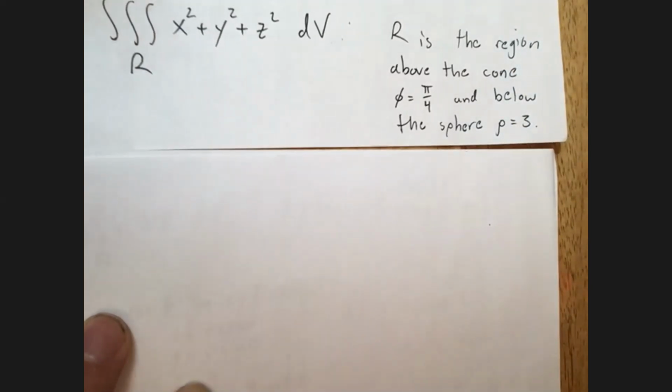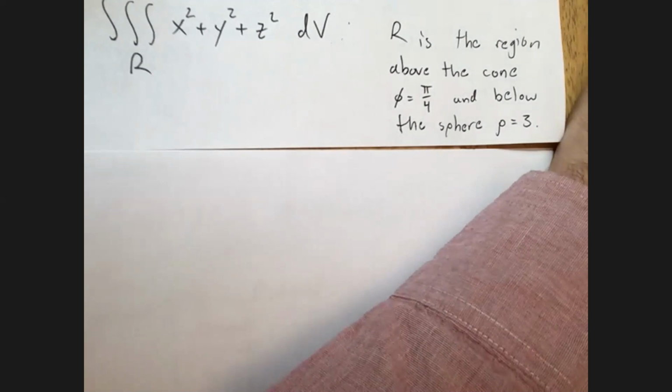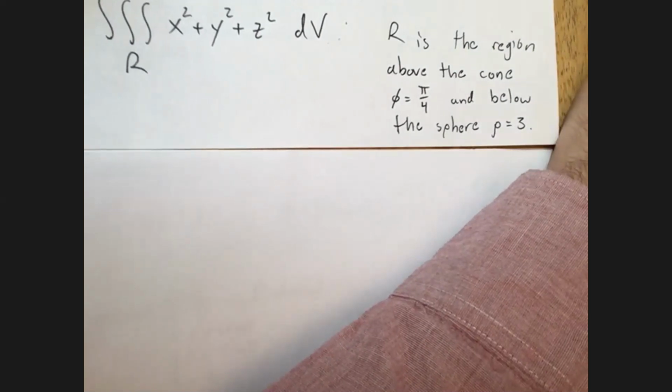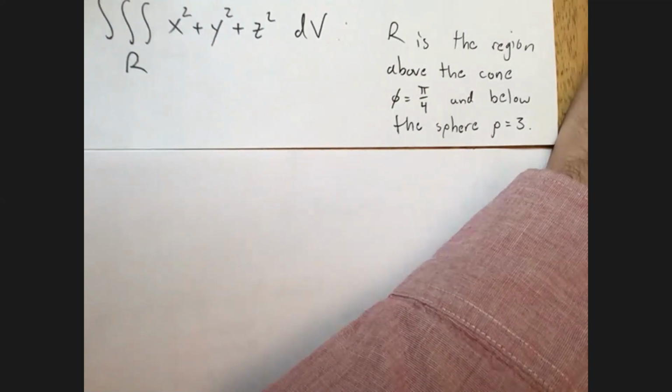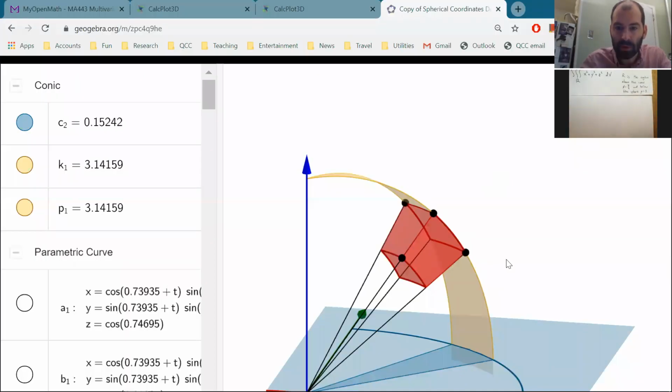All right, why is phi equals pi over 4 a cone? Well, if I fix phi, let me go back to, wait a minute. Oh boy.